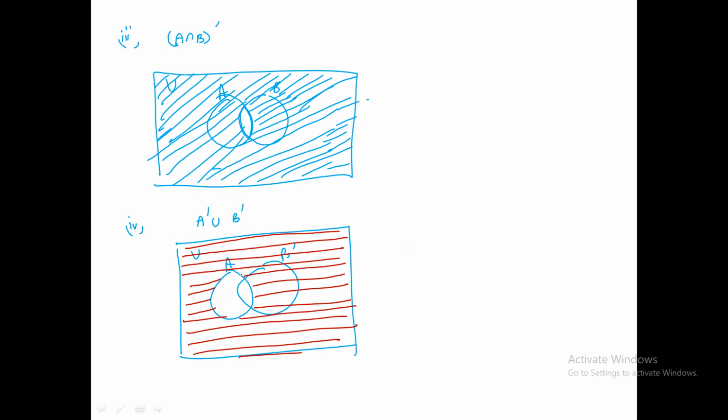Don't shade B; except the B circle, shade everything else. So this is A dash union B dash. We can see from the two, (A intersection B) whole dash is the same as A dash union B dash. With the help of diagrams also, we have proved De Morgan's law.